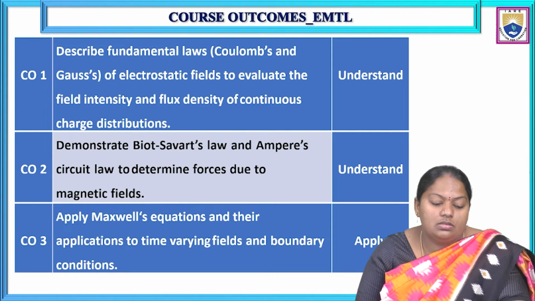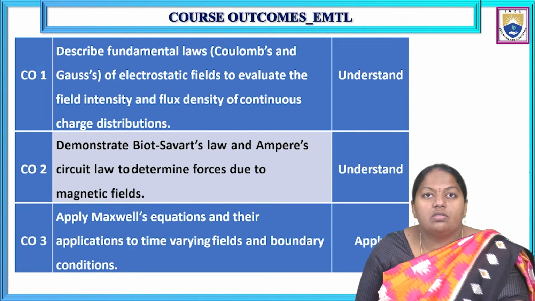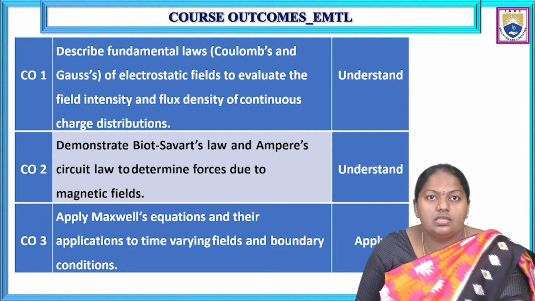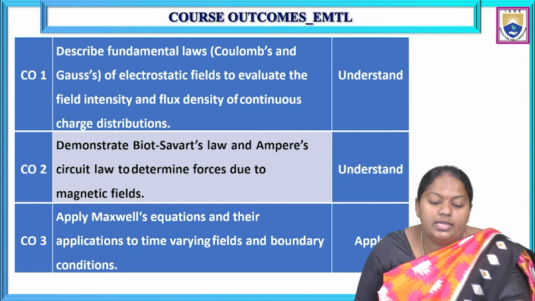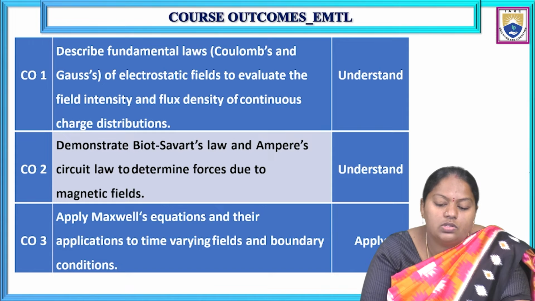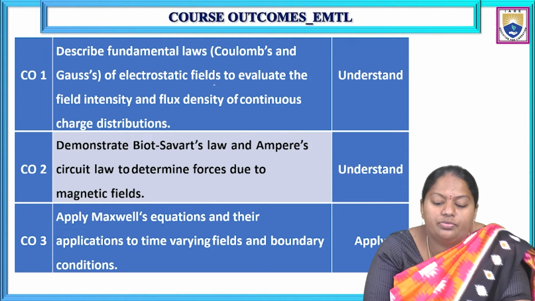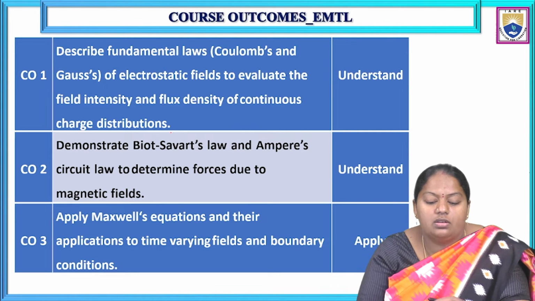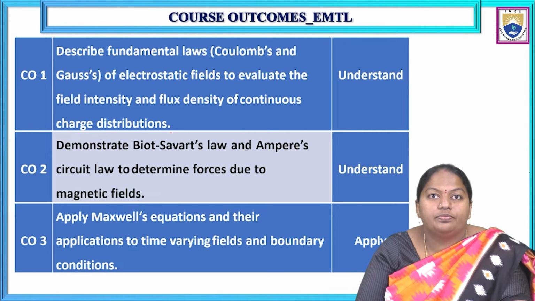Course outcomes. There are 6 course outcomes I have written for this Electromagnetic Waves and Transmission Lines course. First, CO1: describe fundamental laws related to electrostatic fields, dealing with Coulomb's law and Gauss law to evaluate the field intensity and flux density of continuous charge distributions.